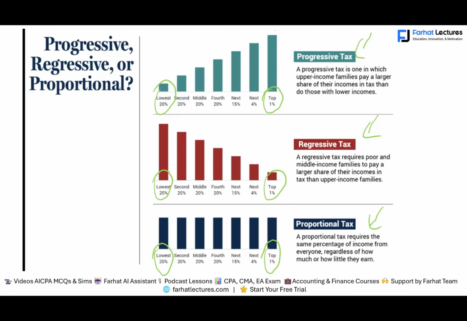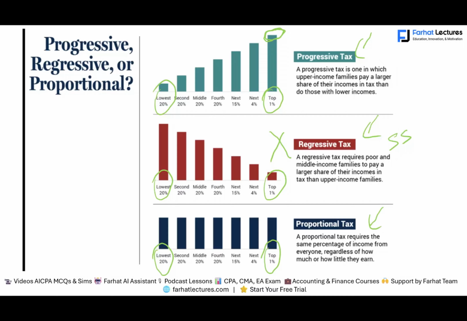So the more you make, the more you pay in taxes. Under a regressive system, the more you make, the less you pay. And remember, we talked about the Social Security as an example. If we have a regressive tax system, the top 1% will pay the least in terms of a percentage of their income.